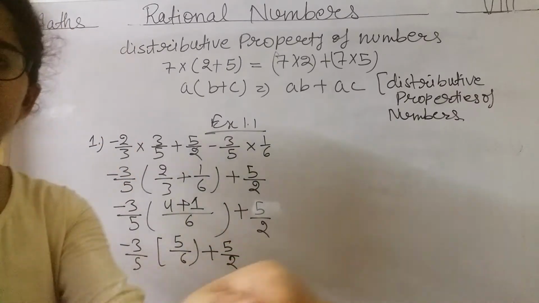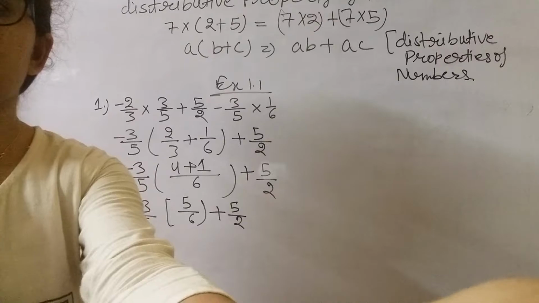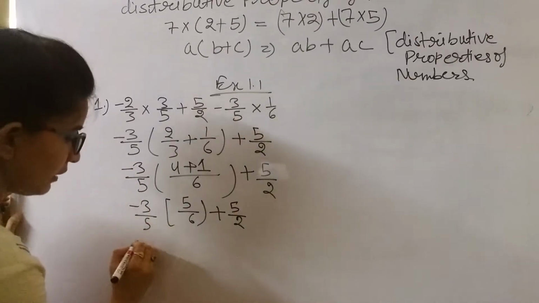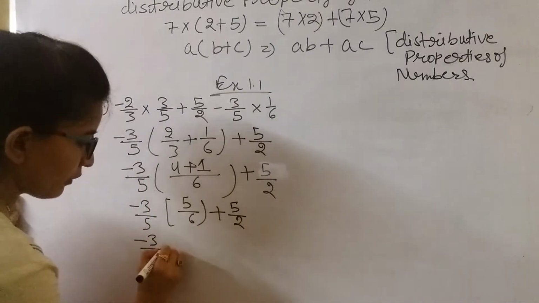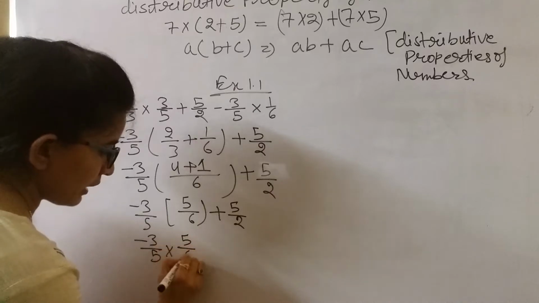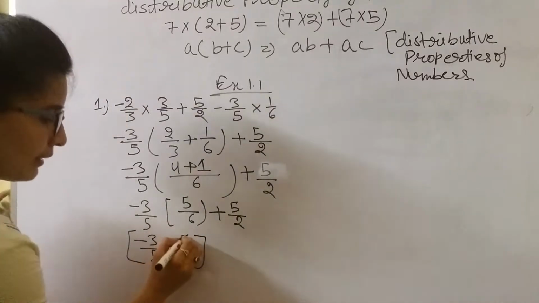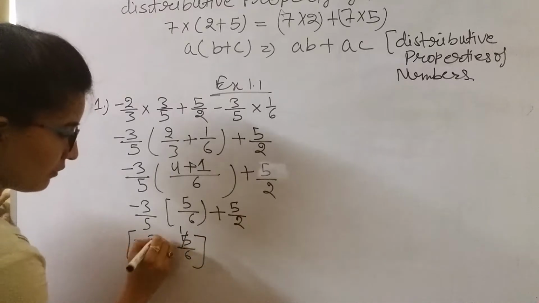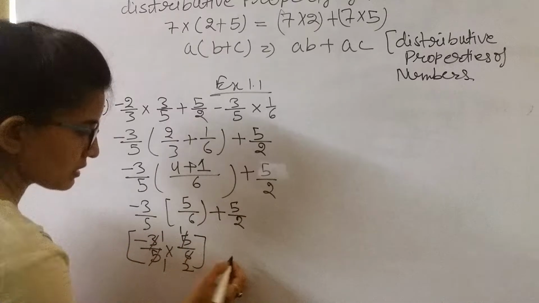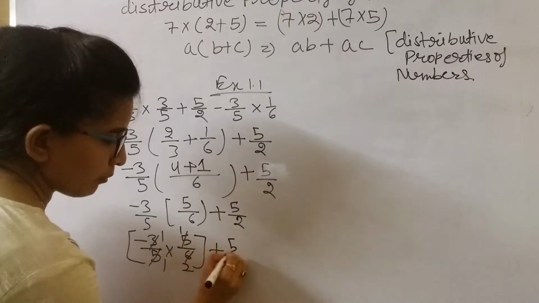So we can see that 3 upon 5 multiplied by 5 upon 6, and I put it inside the bracket, that is 5 ones are 5, 5 ones are 5, 3 ones are 3, 3 twos are 6, and from here I write 5 upon 2.